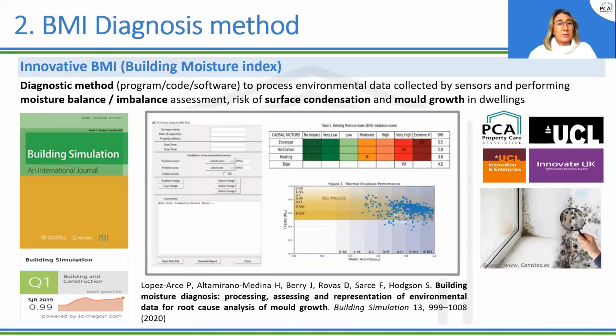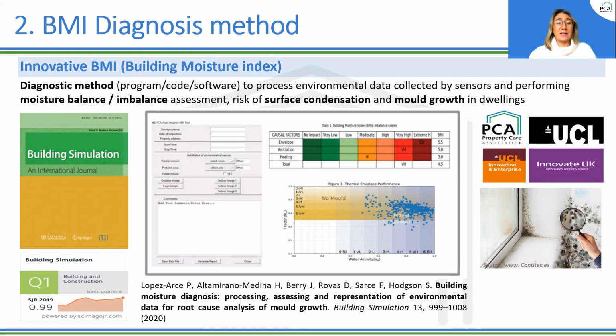So to solve those issues, an innovative method that we name BMI, Building Moisture Index, has been developed through several research projects in partnership with the Property Care Association and University College London.